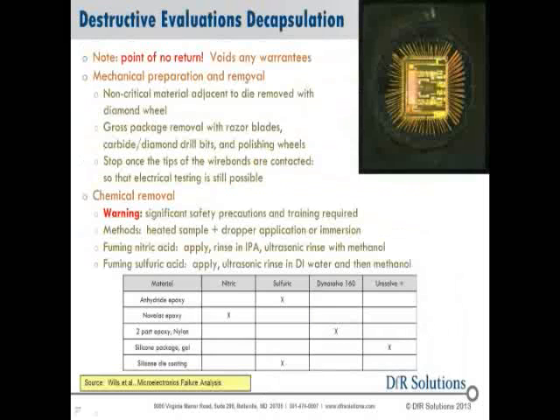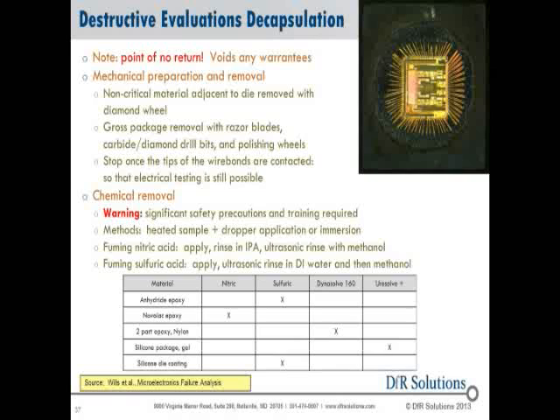So now we're going to go into destructive evaluations, and one of the nastiest is decapsulation. This is where we use some very nasty substances, various acids, to dissolve away the plastic protective casings that go around integrated circuits, so we can expose the integrated circuit, its die and its lead frame, in order to see exactly what's going on, as well as probe it.